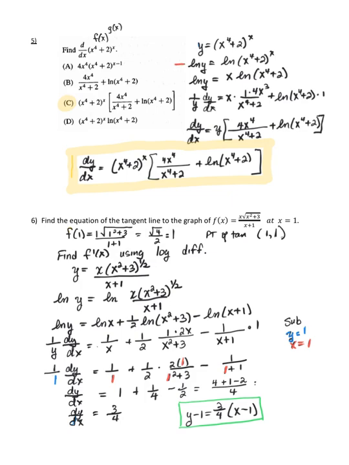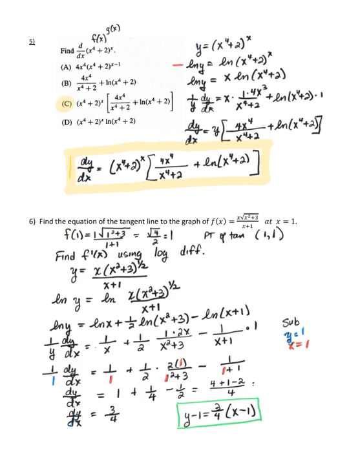Then we use the rules of the natural logs to rewrite the right side, differentiate implicitly like we always do, and then bring the y over and substitute back. And when we simplify, the answer should be C.